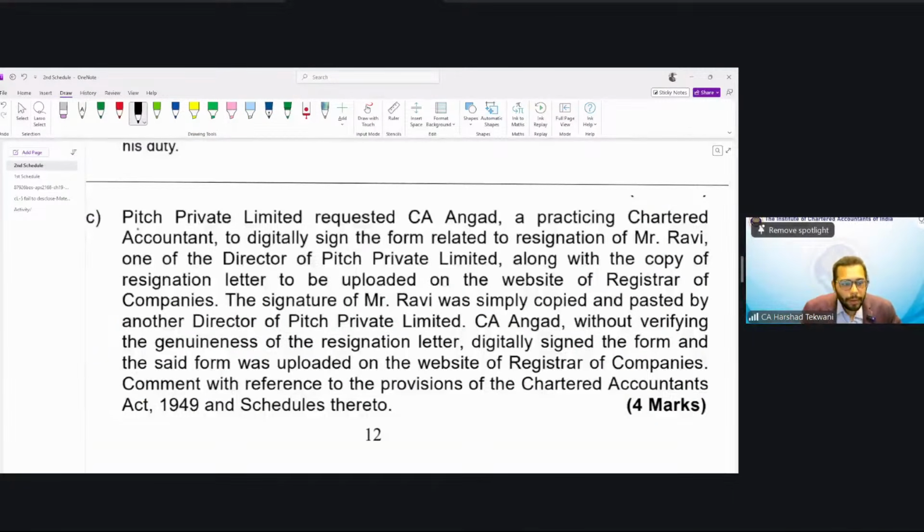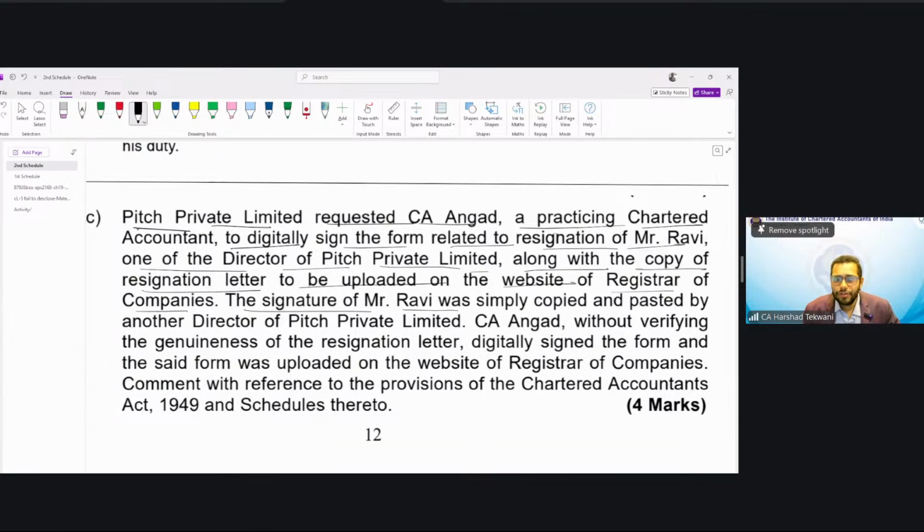Pitch Private Limited requested CA Angad, a practicing chartered accountant, to digitally sign the form related to the resignation of Mr. Ravi, one of the directors of Pitch Private Limited, along with the copy of the resignation letter to be uploaded on the website of the Registrar of Companies.